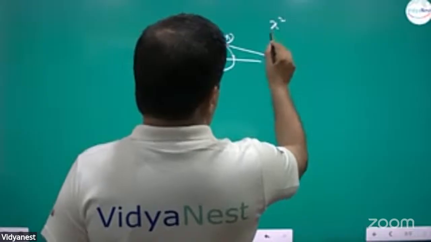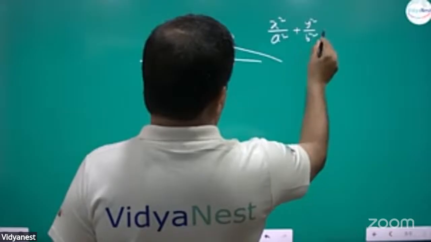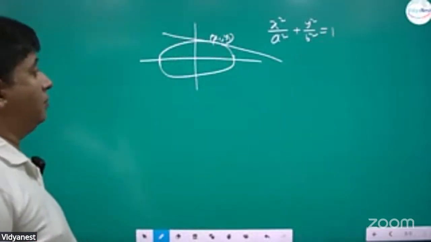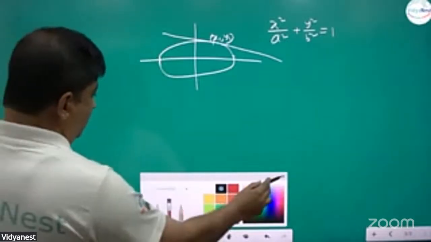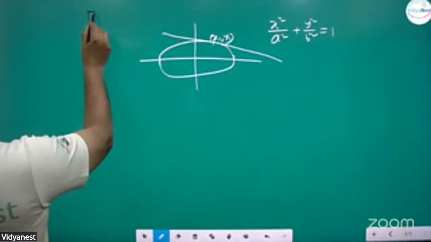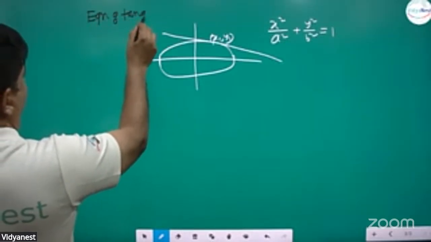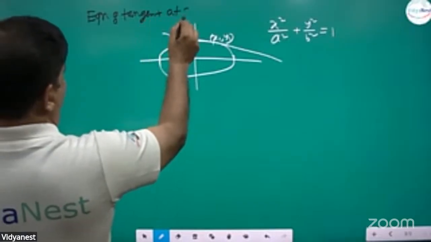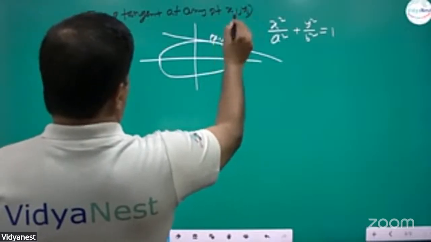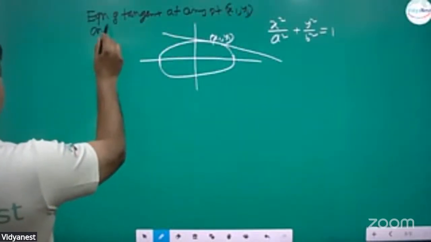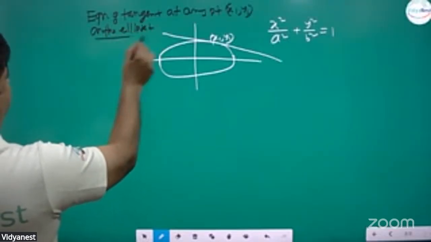The topic is the equation of tangent at any point on the ellipse.